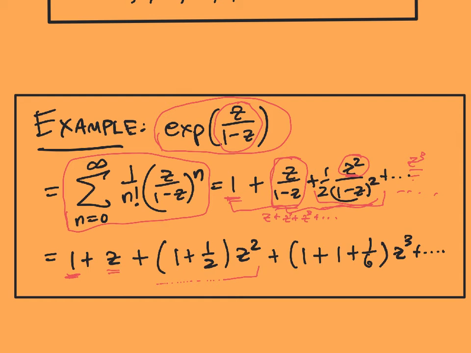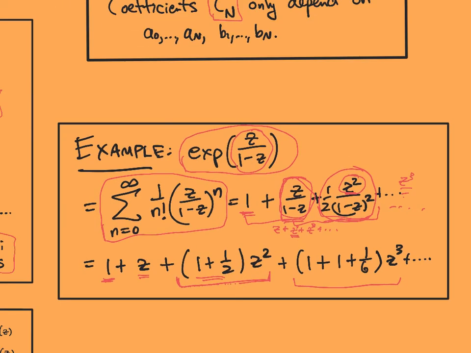But the z squared term is a little more complicated, so I do have a z squared term here, and then I have a z squared term in this power series, which just comes from the constant term, so I'll get 1 plus 1 half z squared, and then you can go through this even further to compute the coefficient of z cubed.